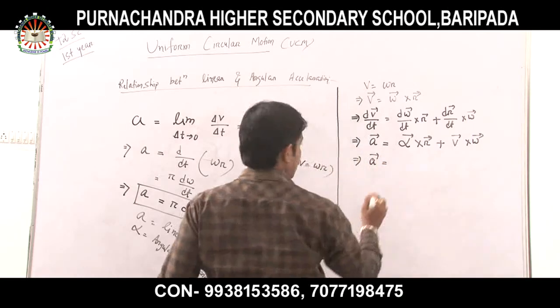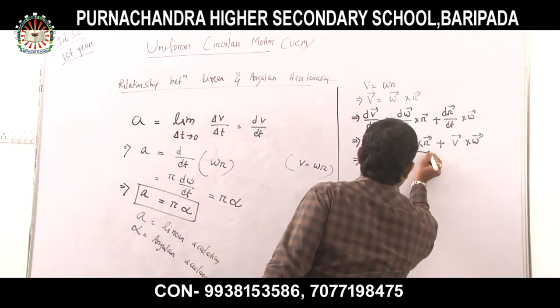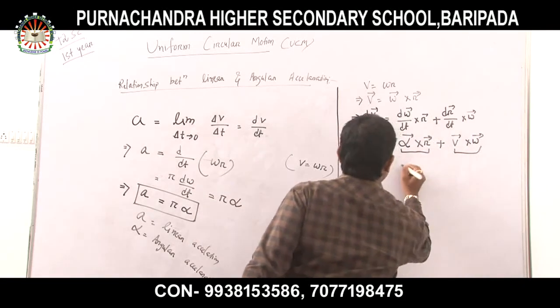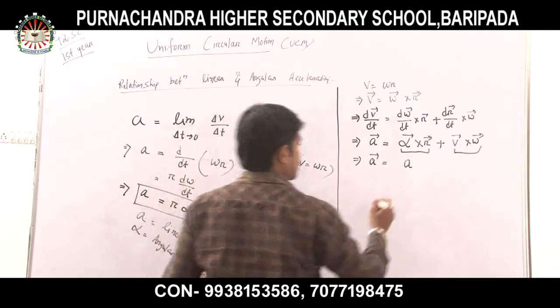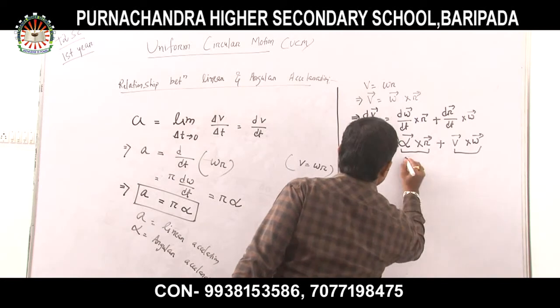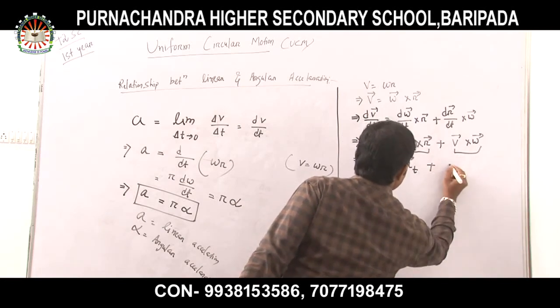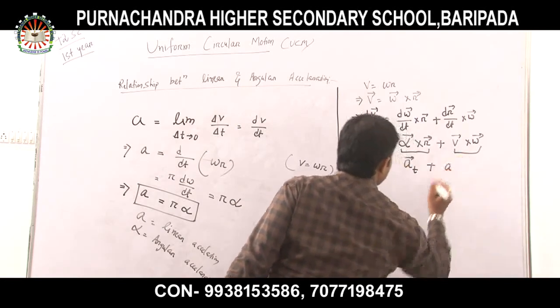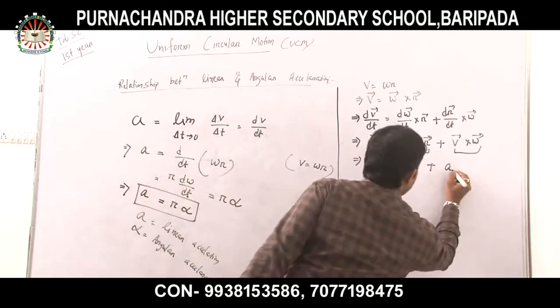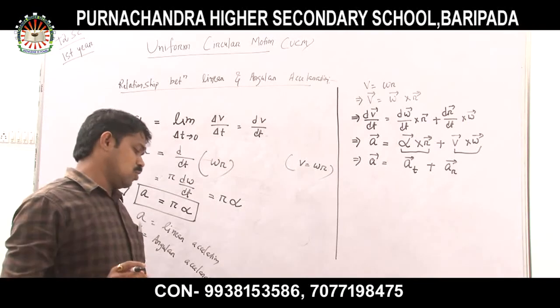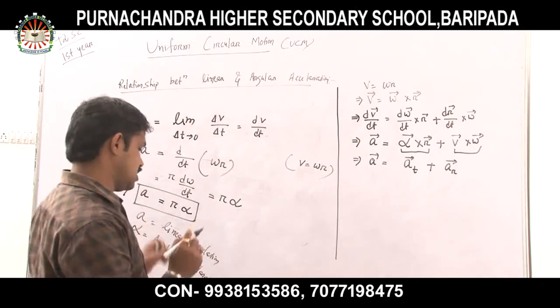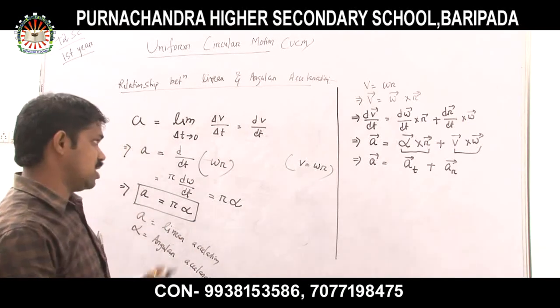So the acceleration vector a is equal to alpha cross r plus v cross omega. Alpha cross r is the tangential component, and v cross omega is the radial component. So there are two components: one is the tangential component, another one is the radial component.